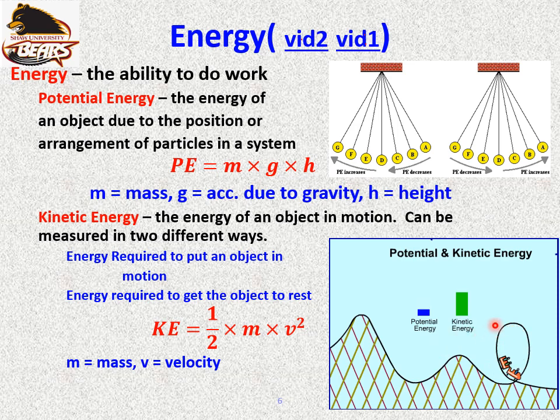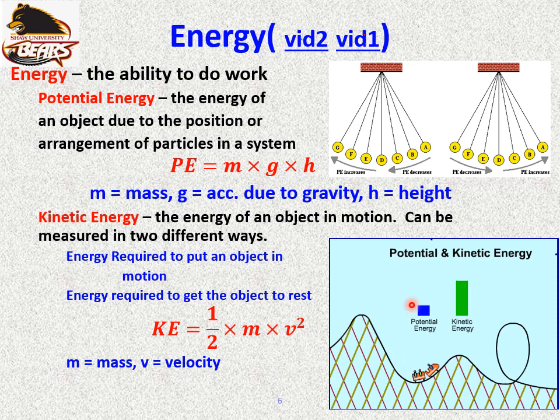But in any case, if there's no friction along this track, which means the total mechanical energy is not transformed to thermal energy and it's just between potential and kinetic energy, the mechanical energy of this train is a constant, in the sense that the blue bar and the green bar always add up to the same height.